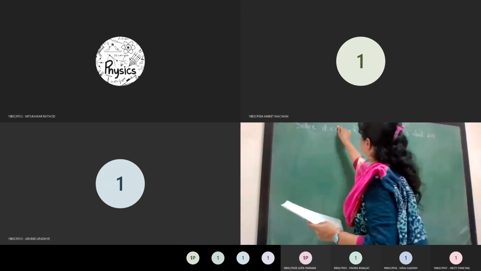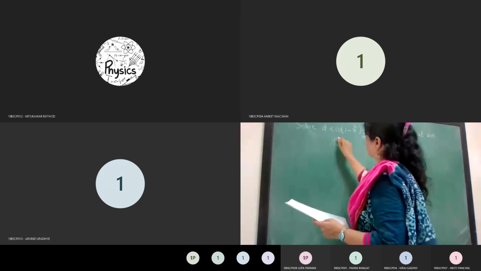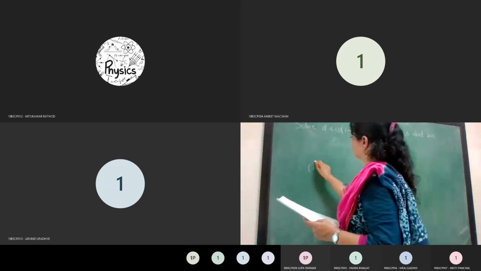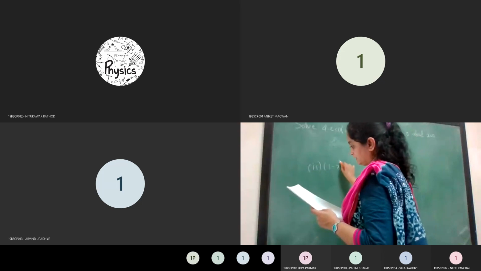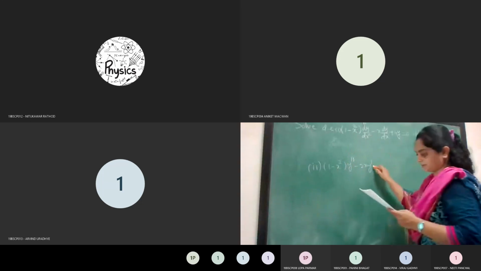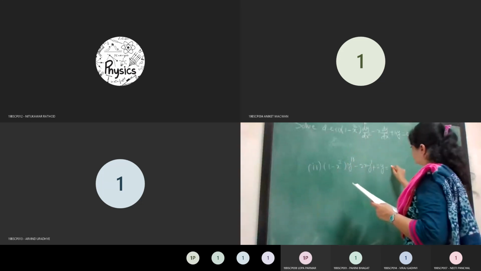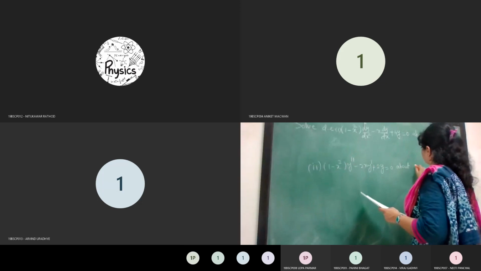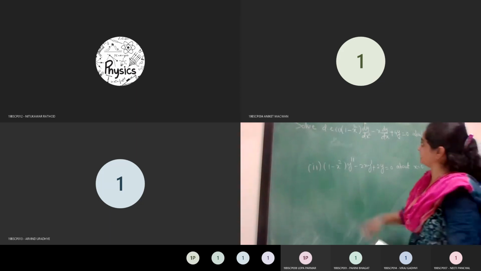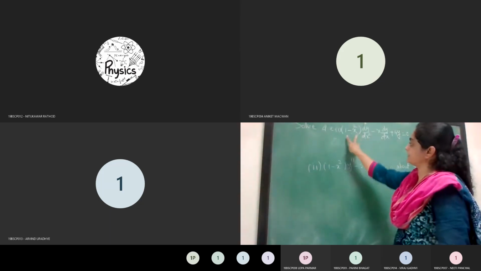And the second one is... both of these have the coefficient of y double dash as 1 minus x square.